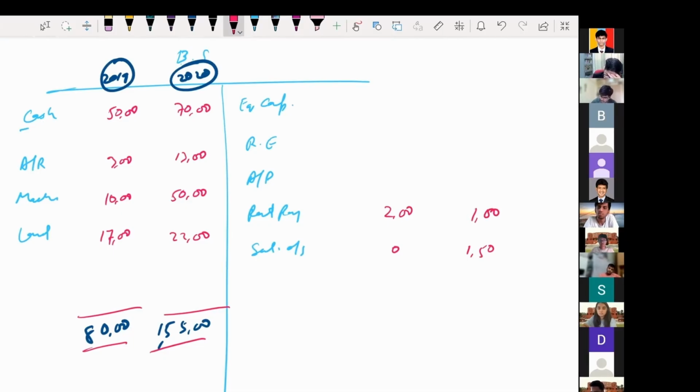It was earlier, let me take 3 lakh rupees, and now it has gone up to 2 lakh 50. Okay, 2,50,000. And then retained earning and capital.